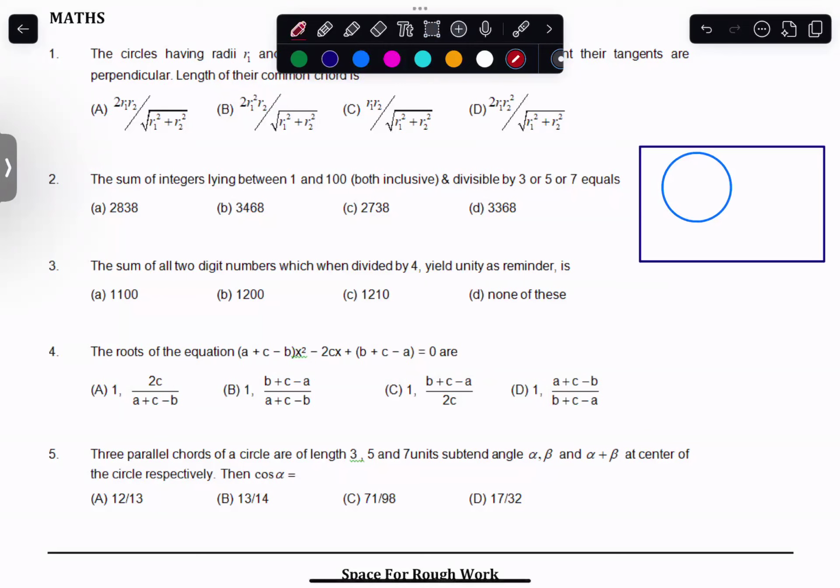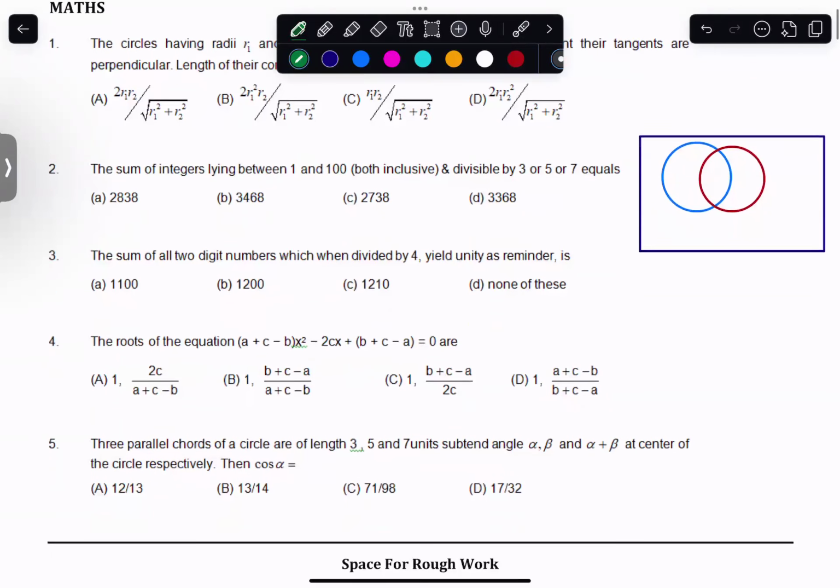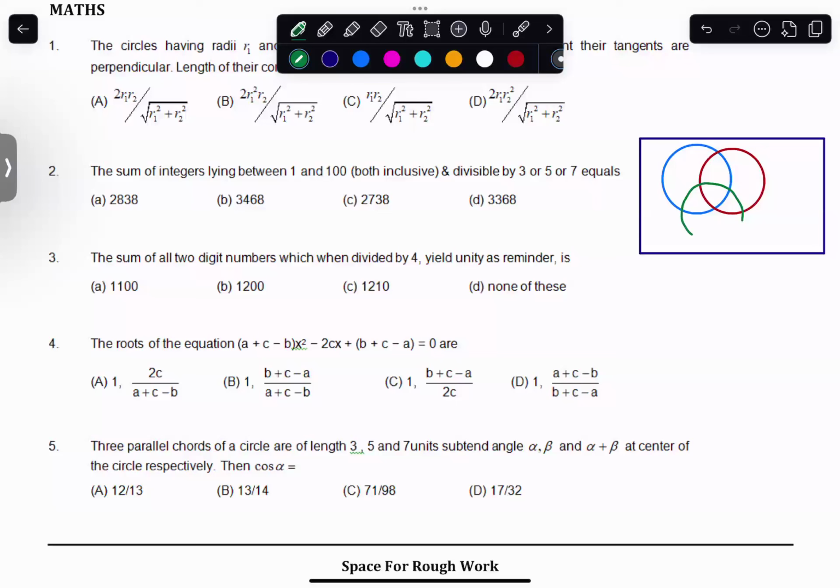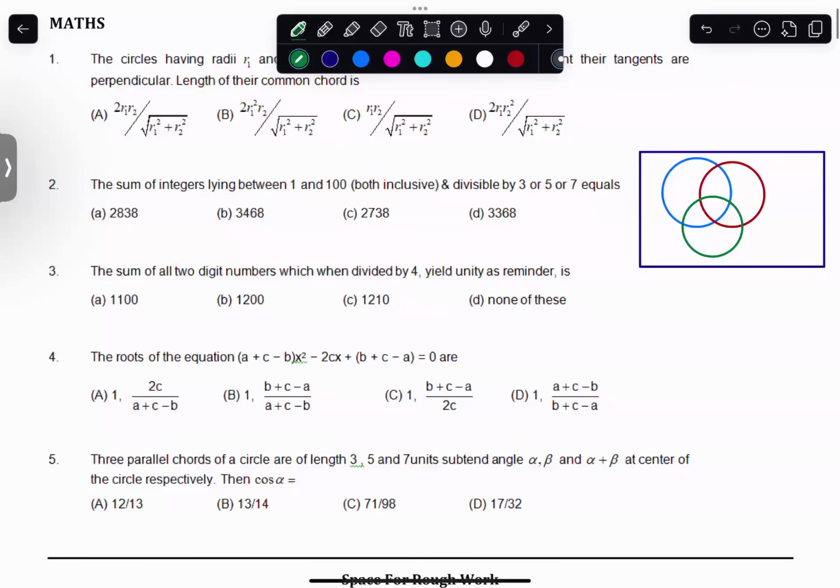Say this is divisible by 5, and say this is the other number, 7. So 3K, I have given the name of the set which are divisible by 3.